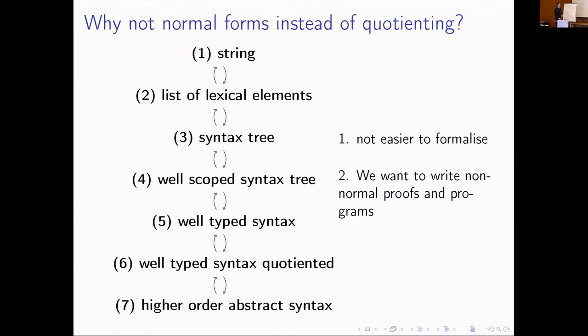And the other thing is that when we write proofs or programs, we don't want to write only normal proofs and normal programs, which would be a very limiting language, but we want to write real programs. So here it seems that this is a natural level of abstraction where you need quotienting, while before you can get away without it.